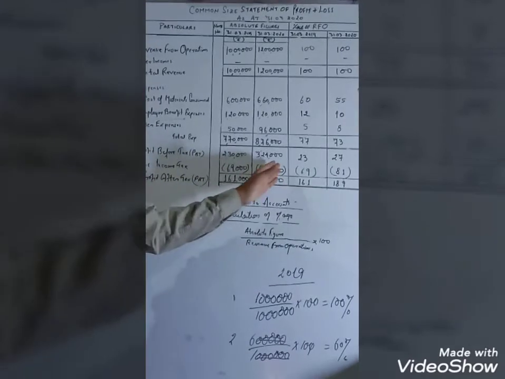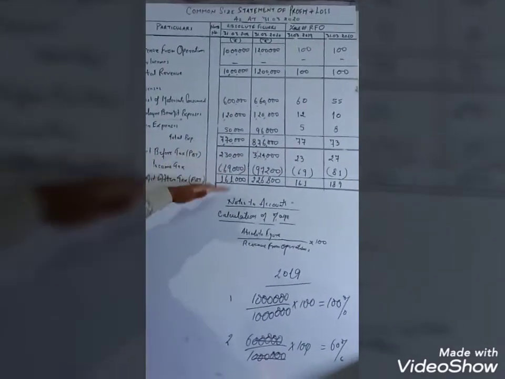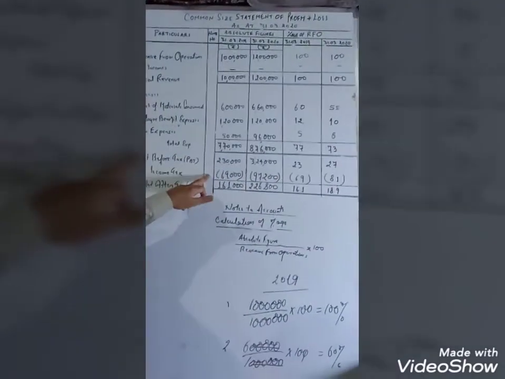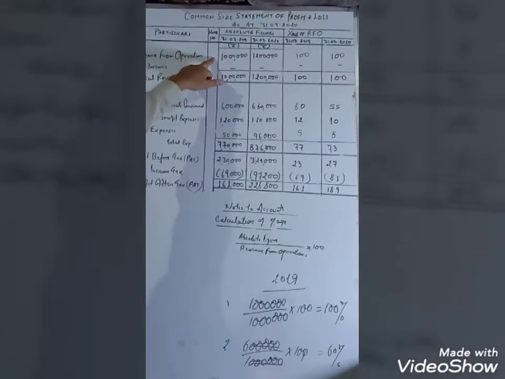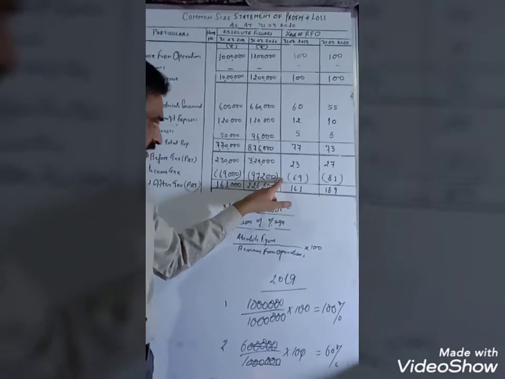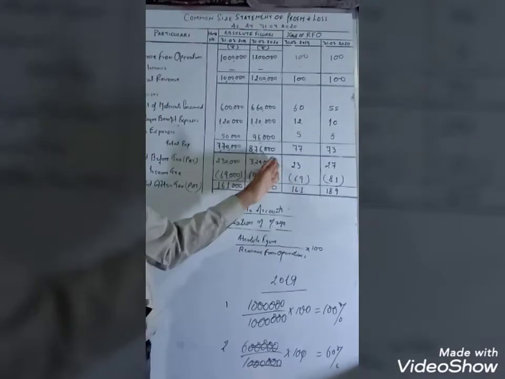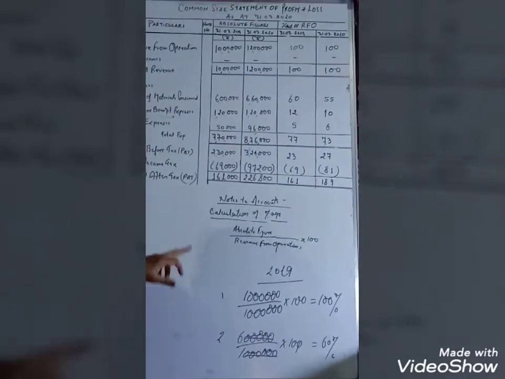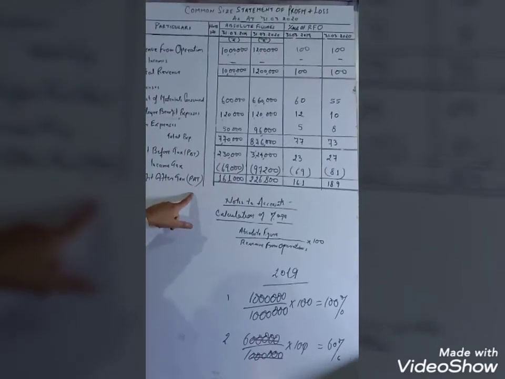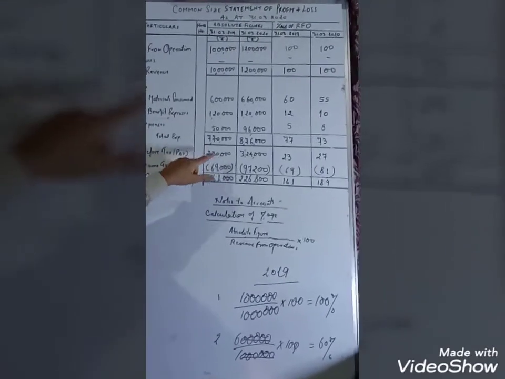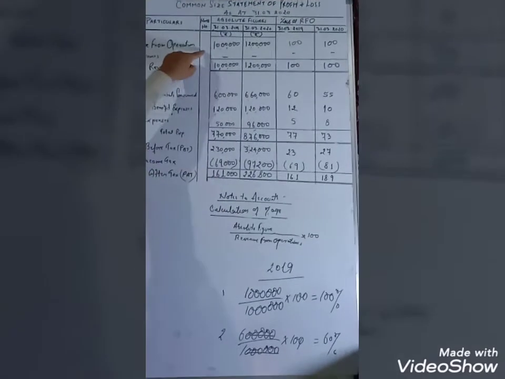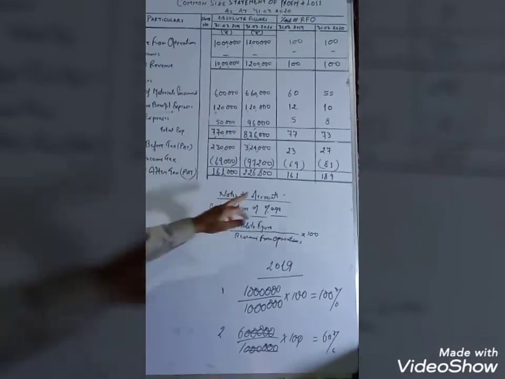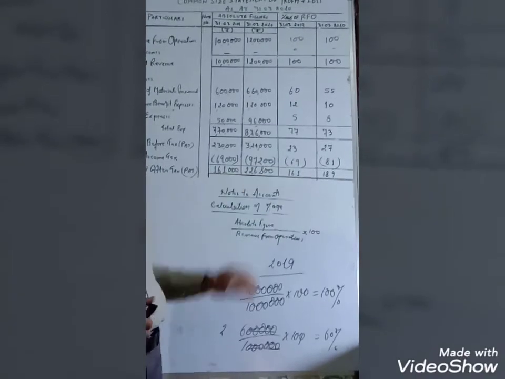This will be shown within brackets because this is the amount that we are deducting. 69,000 divided by 10 lakh multiplied by 100, we will get 6.9%. This is to be shown within brackets. Then profit after tax, 2,30,000 minus 69,000, this is 1,61,000 divided by 10 lakh multiplied by 100, we will get 16.1%.